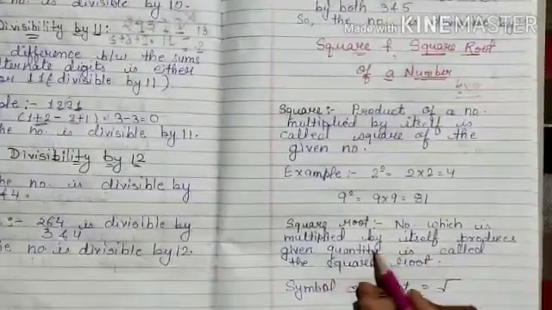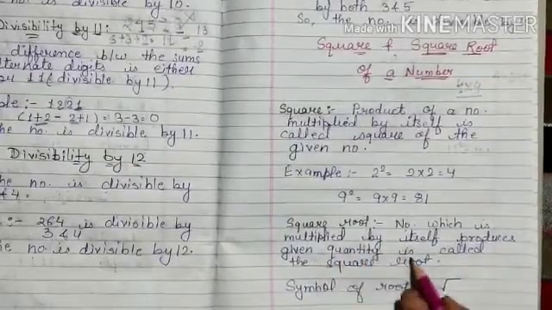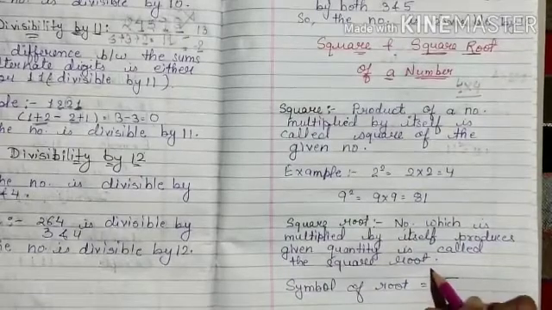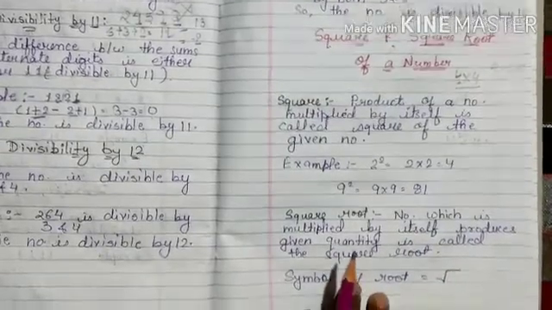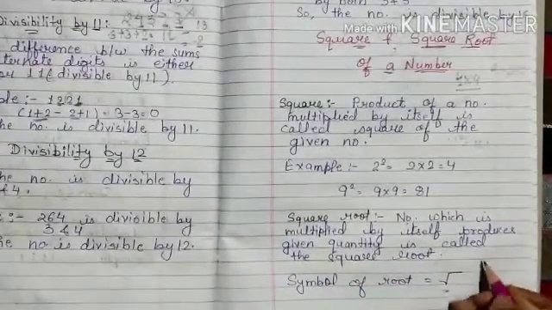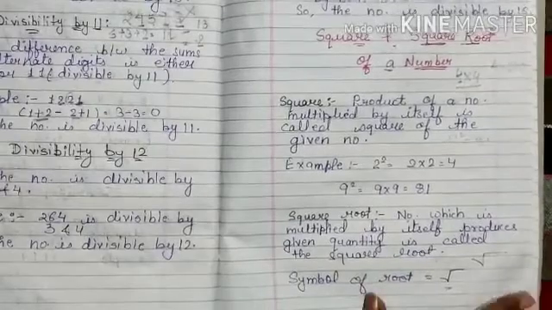Okay. So what is a square root? The number which, multiplied by itself, produces the given quantity is called the square root. And here is the symbol of a square root, like this.